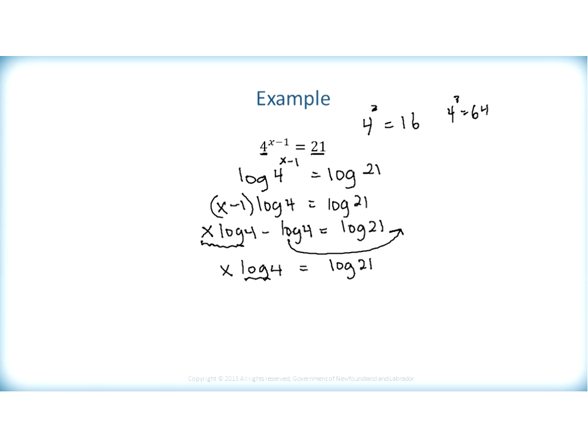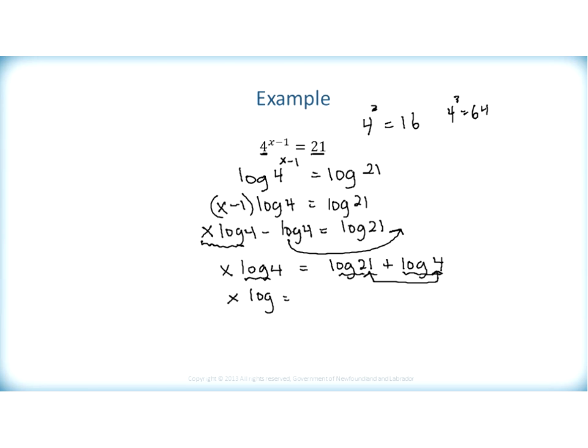We can calculate these numbers on a calculator now, since they are base 10. Now we can have x log 4 will be equal to, we can use the laws of logs and combine.